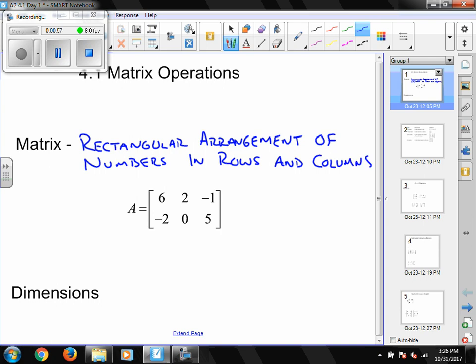You guys may have talked about matrices in the past. The plural form of matrix is matrices. So if you hear me saying that, that's what I'm talking about.